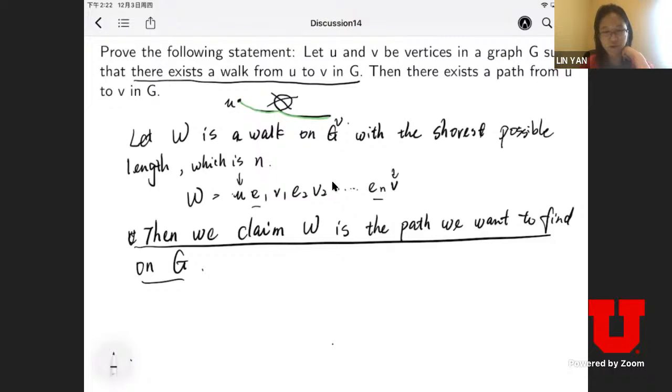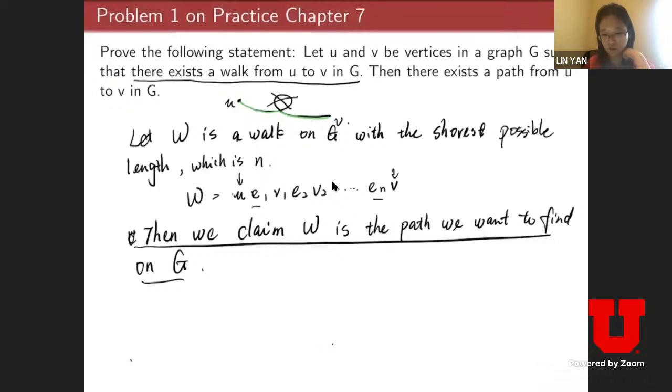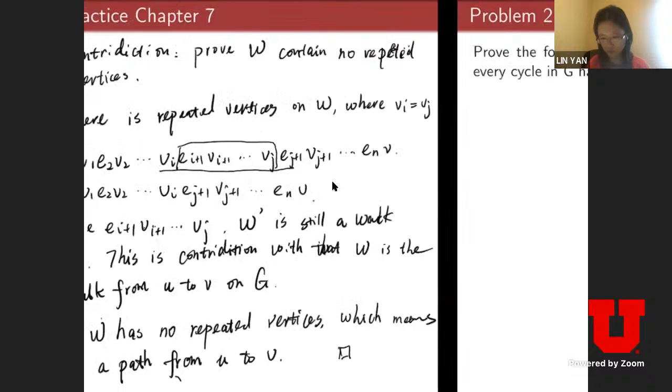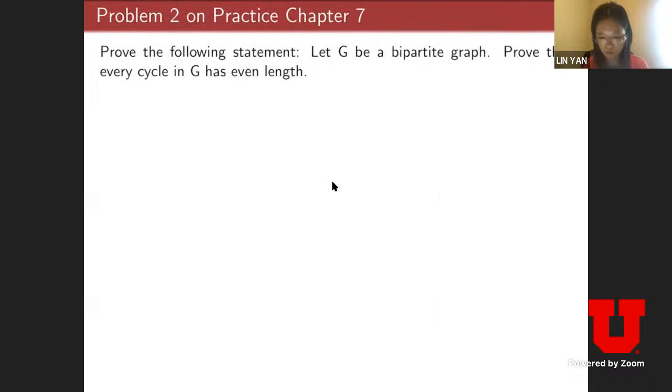And I prove it by contradiction. If there's no question about this question, let's go to the next problem.